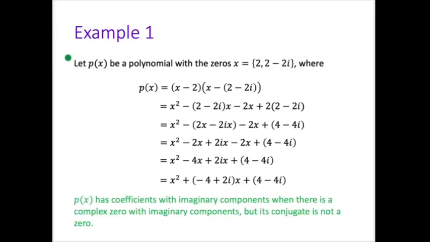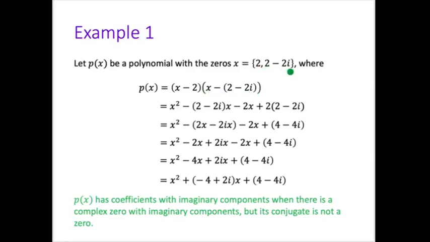Example 1. Let p of x be a polynomial with the zeros x equals 2 and 2 minus 2i, where p of x is equal to the quantity x minus 2 times the quantity x minus 2 minus 2i. Notice here that the factor x minus 2 corresponds to the zero 2, and the factor x minus 2 minus 2i corresponds to the zero 2 minus 2i.